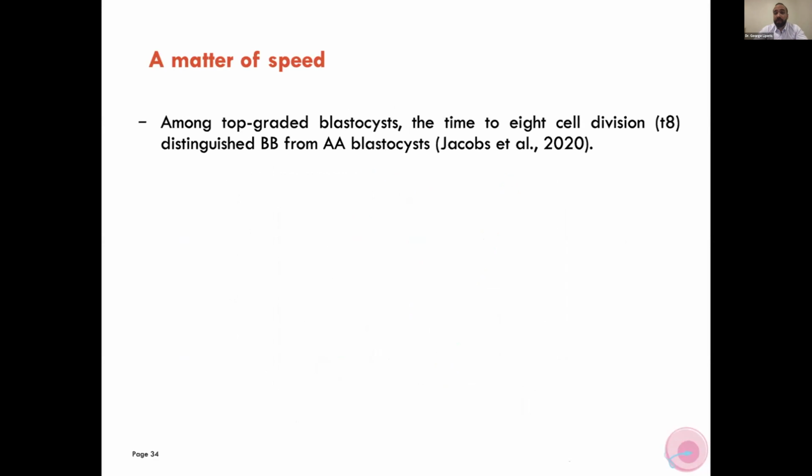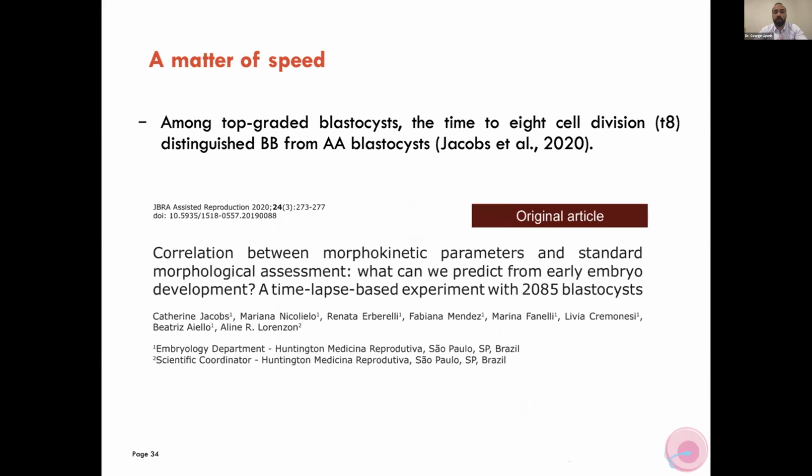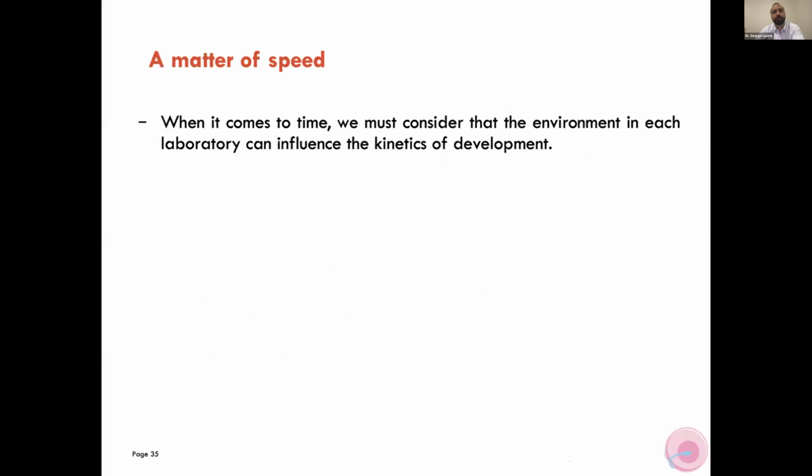Time can also help us dissociate between good quality embryos and top quality embryos. There are studies that show that AA blastocysts can be distinguished from BB blastocysts using morphokinetics.